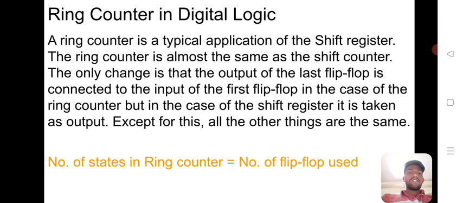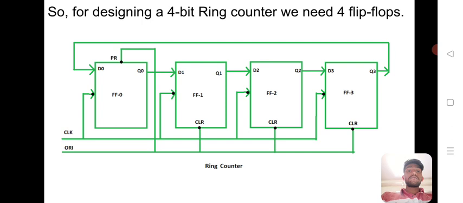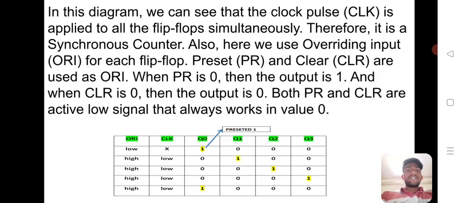The number of states in a ring counter is equal to the number of flip-flops used. In this diagram we can see the clock pulse is applied to all the flip-flops simultaneously, therefore it is a synchronous counter.